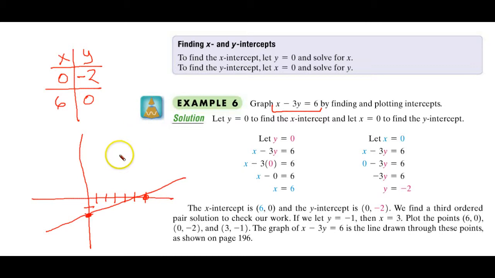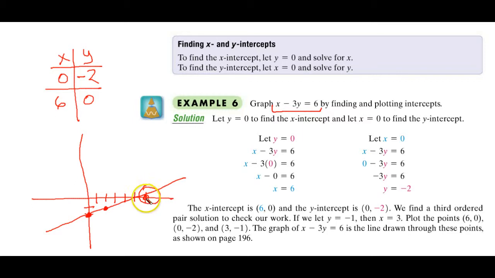Now, when you are doing MyMathLab, some of you may decide, oh, I'm going to use another technique that we'll see a little later on. And you'll plot this point, let's say, then you'll plot this point, and you'll draw your graph, but this one won't have a dot on it.